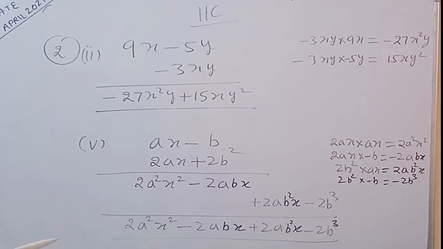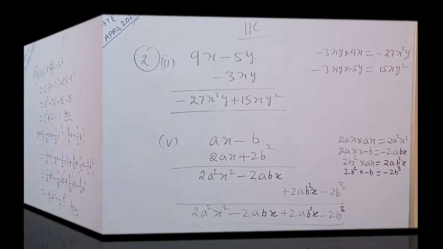So adding together we get the answer 2a square x square minus 2abx plus 2ab square x minus 2b cube. So in that manner you will do question number 2, second and 5th part.